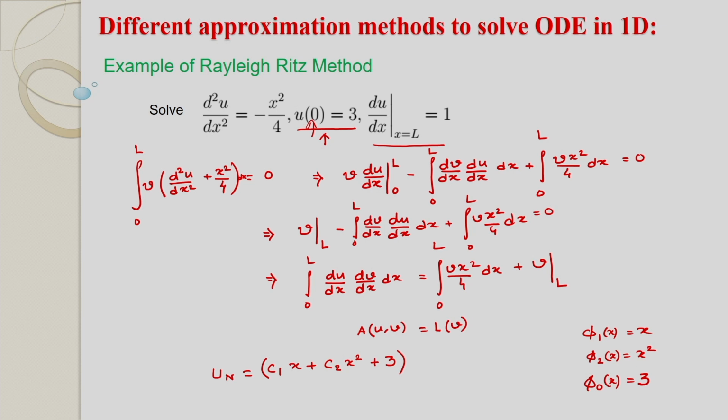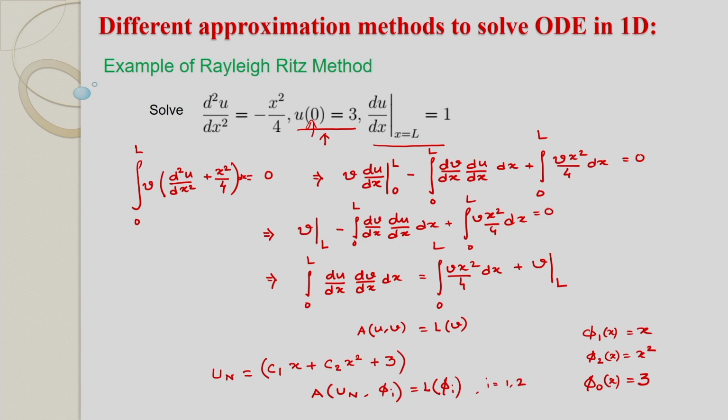Now, we know in the Rayleigh-Ritz method we have to replace u by un, v by phi I. So, there will be a total of 2 equations in this case.